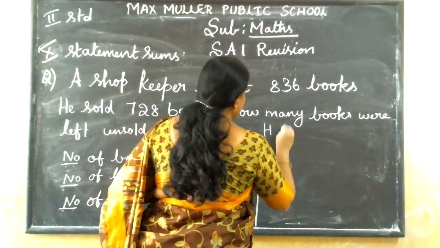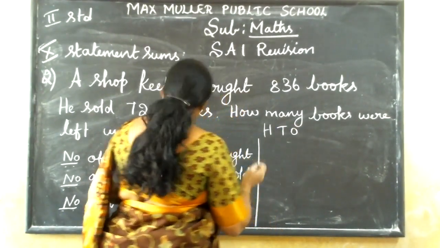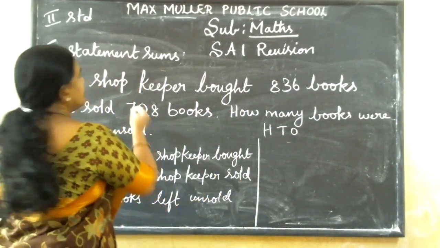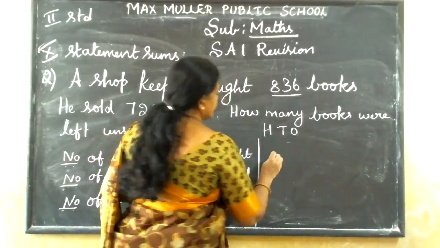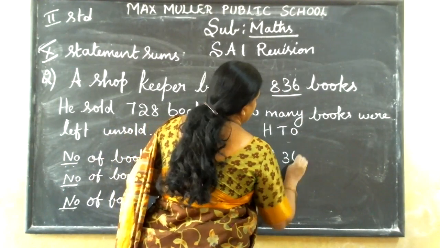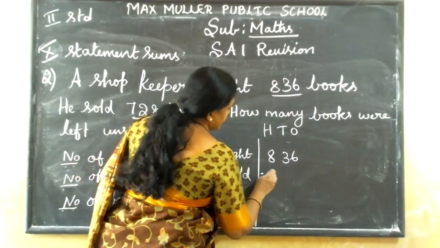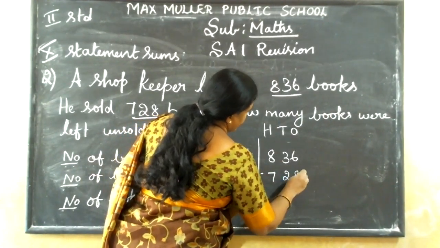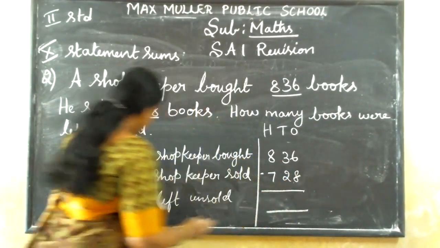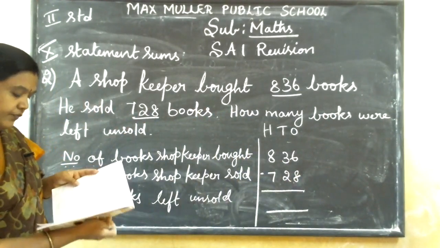Number of books shopkeeper bought, 836. He sold 728 books, minus 728. Now you want to find number of books left unsold.